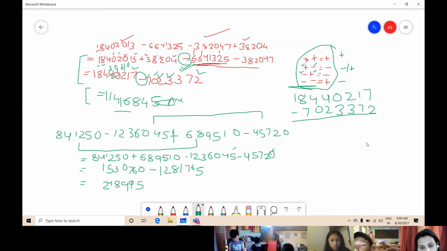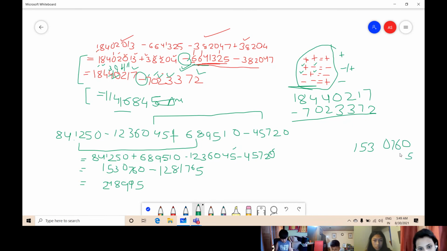If you want, you can make the column like this. 1 5 3 0 7 6 0 and 5 6. Write 1 here, it will be 8, 2, 1.